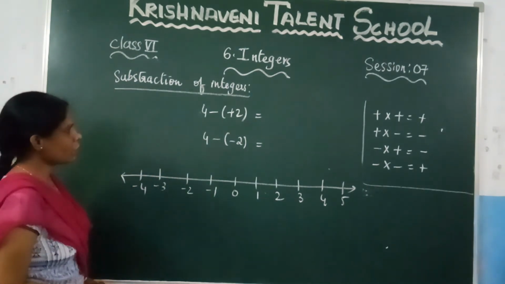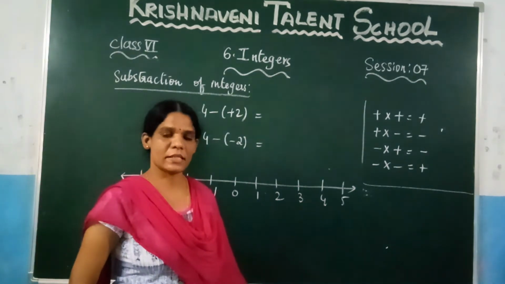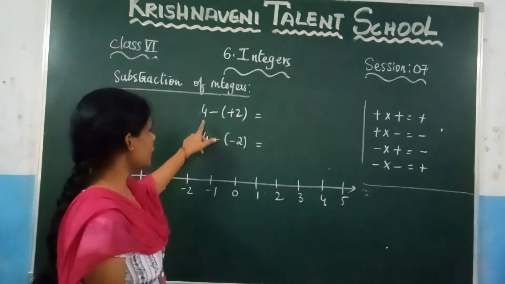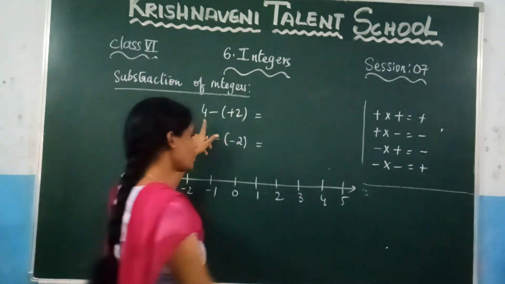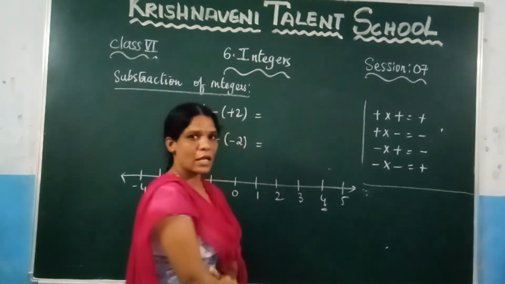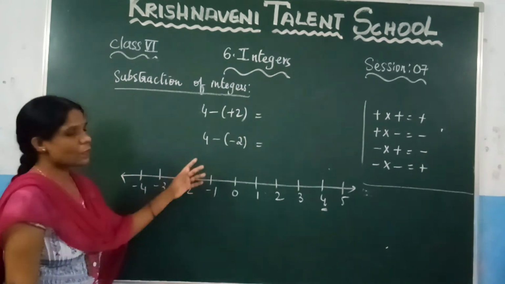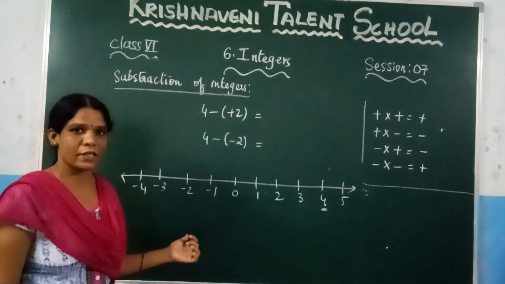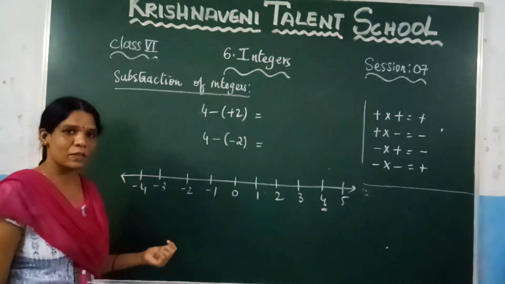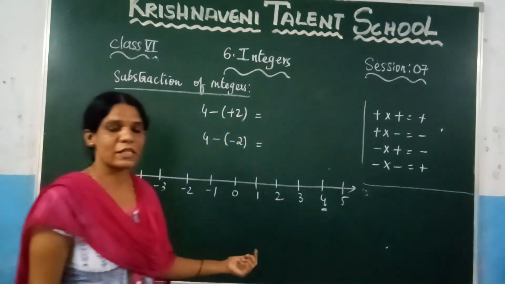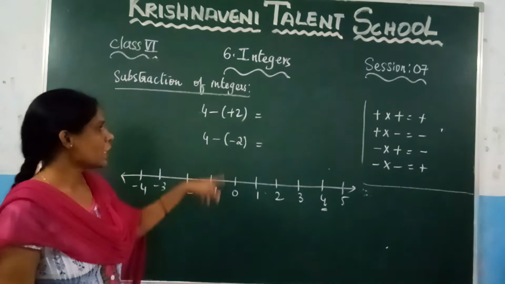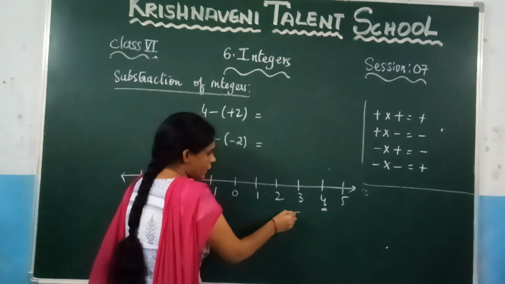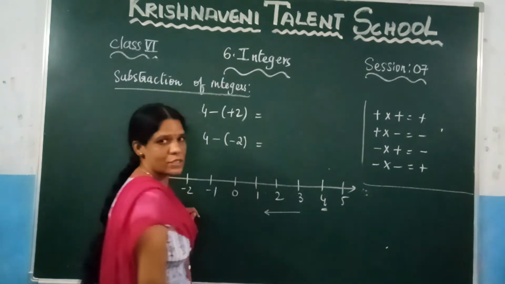Now what is the procedure? The same procedure you need to follow here. What is the first number? Which is 4. So you need to go to the number 4. After that we are subtracting, right? If you are subtracting, you know that the number will decrease. So if the number decreases, you need to go to the left side of the number line. If you are subtracting a positive integer, you need to go to the left side.